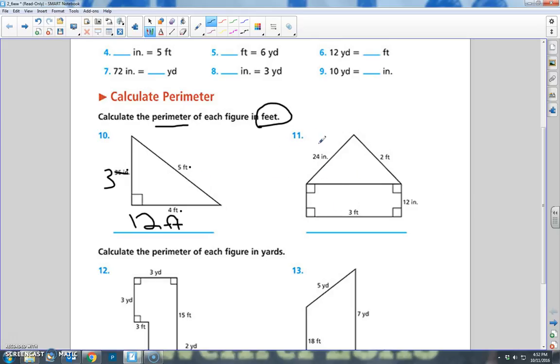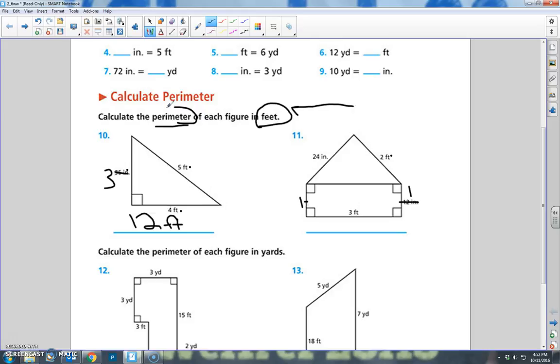Here, number 11, we need again to change everything to feet. I know that 12 inches equals 1 foot. 3 feet, that is 1 there. This is 1 because this is 1. I'm going to cross that out. So 1 and 1. I know that's 3 and I know this is 3.